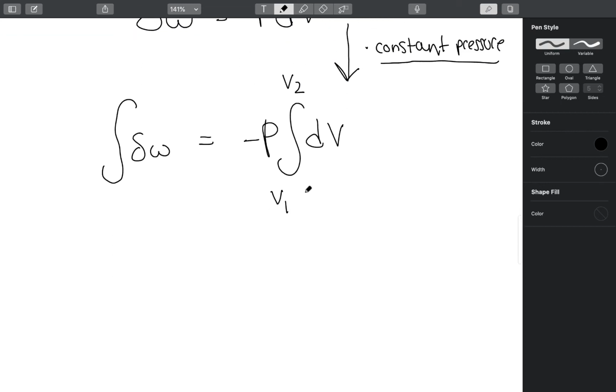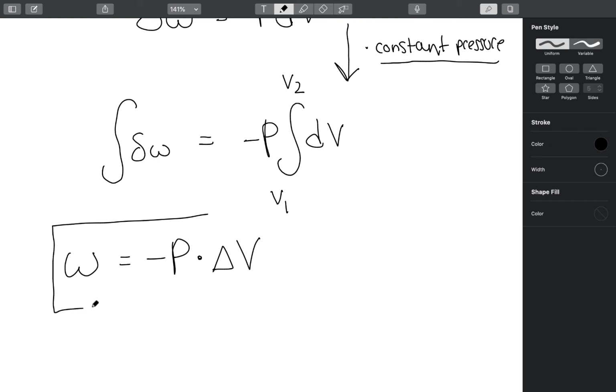When we integrate this expression, you get that work is equal to negative P times the change in volume. And this right here is the important equation, the equation you need to know.